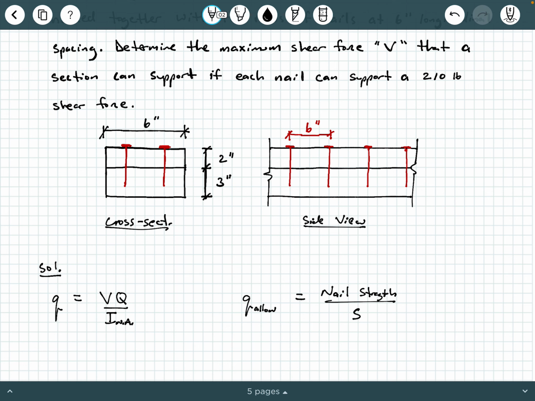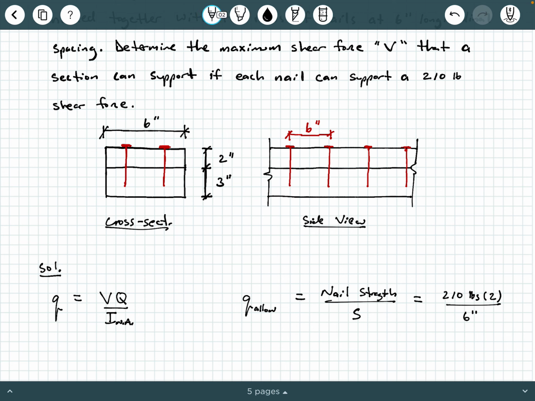And so q allow is going to be computed as 210 pounds times 2 rows divided by the 6-inch spacing. So that's this red 6 inches here. Now why 2? Again, we've got 2 rows of these, all right?